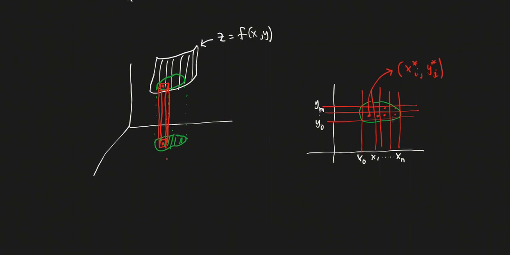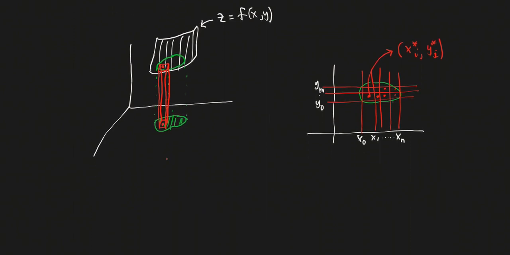So let's see if we can write down the expression for that. All right. So the general one, and I'll switch back colors here. So we have f, and I'm going to plug this ordered pair in to find that specific height. So it's going to be x star i comma y star i, okay? Now, that just gives me the height. Well, in order to get a volume, I need to use the length and the width of my base.